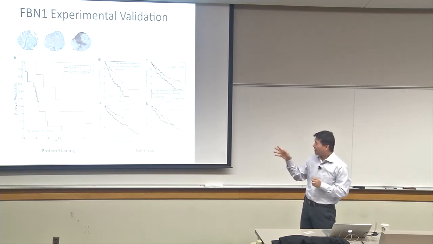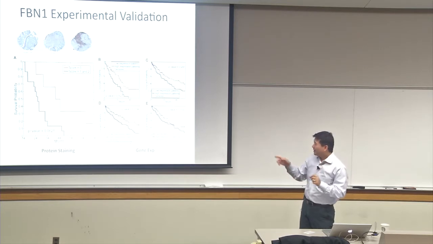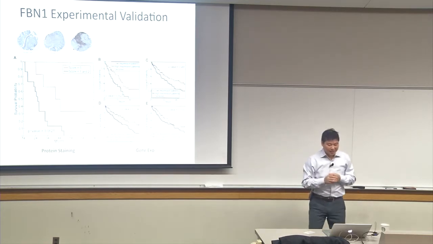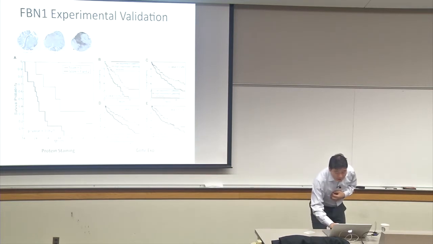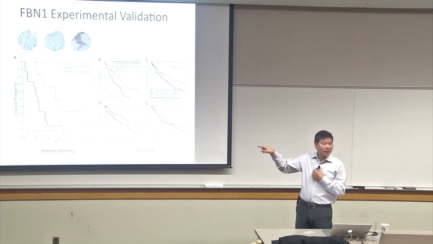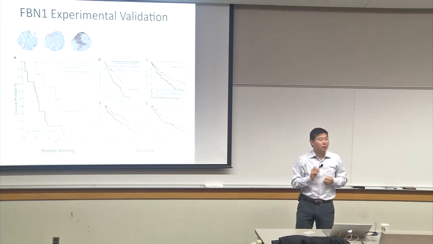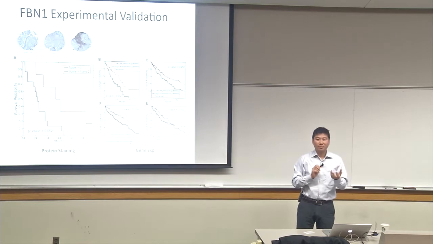It's very interesting, because FBN1 is not a biomarker until 18 months after the treatment. I don't have the full plot to show you, but you can see in these plots that I actually start from 20 months, and FBN1 only plays a role after the outcome of the first treatment is known.